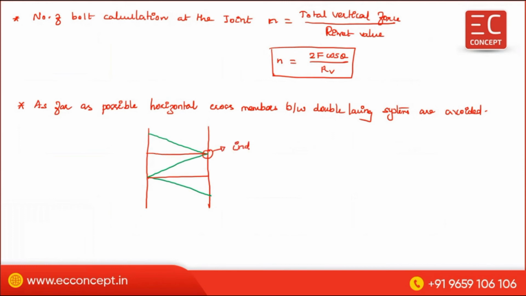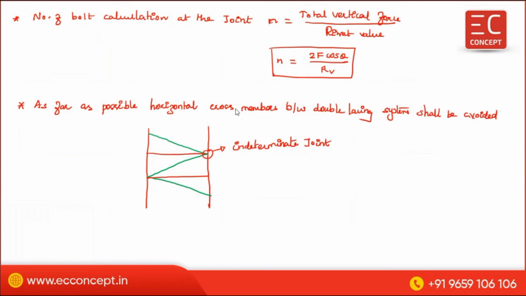Analysis is very difficult. So that's why, as far as possible, horizontal cross members between the double lacing system shall be avoided. If you use it, then the system becomes indeterminate, so analysis is critical. That is the reason the code says don't use it.